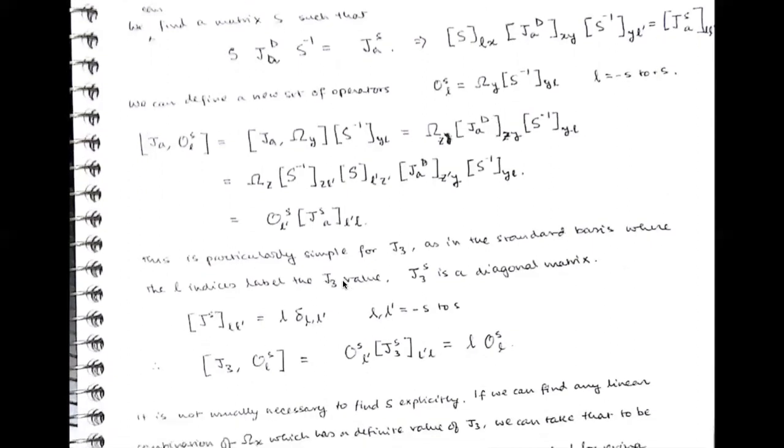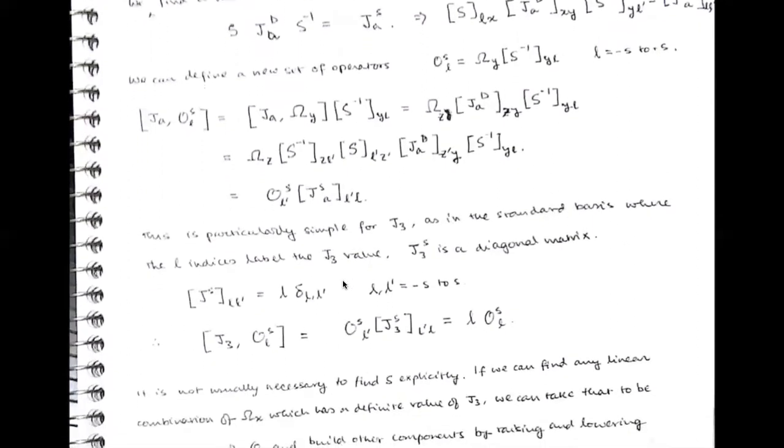So for example, this particular thing is particularly simple for J3, where these L indices just label the J3 value. So J3 in this basis is, as you can understand, a diagonal matrix.